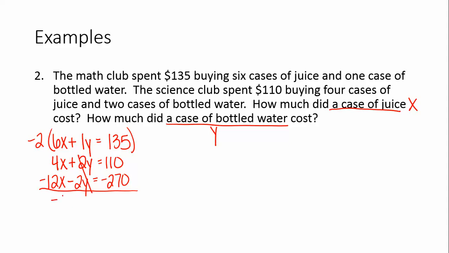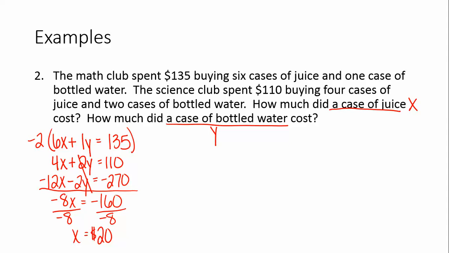I get -8x equals -160. Divide both sides by -8, and we get that x equals -160 divided by -8 is 20. And remember what we're talking about again, we are talking about a cost. How much did a case of juice cost? So the case of juice cost $20.